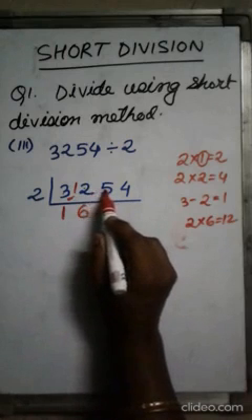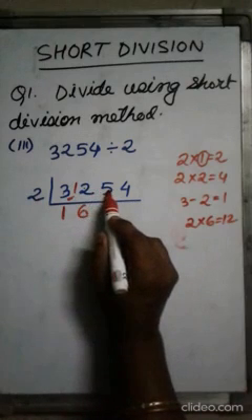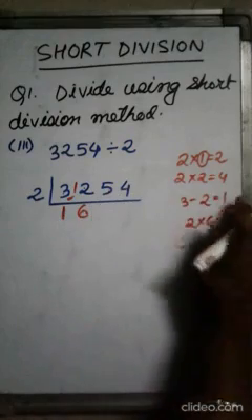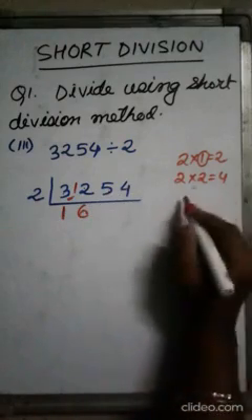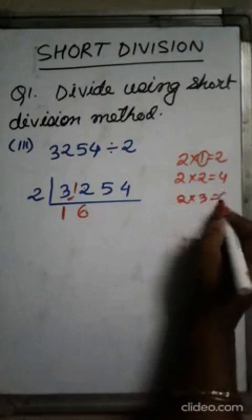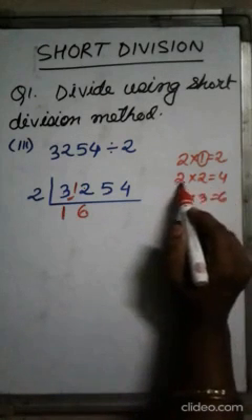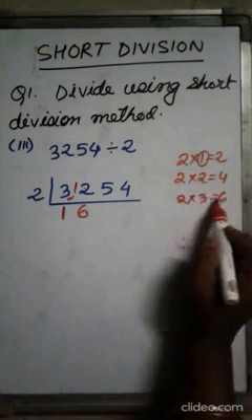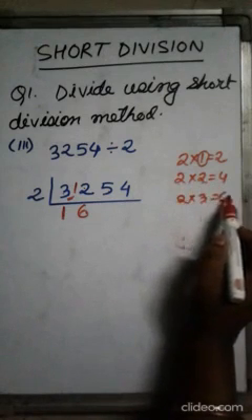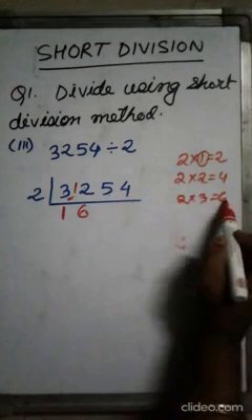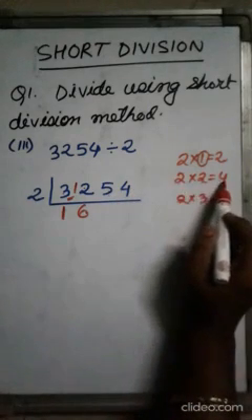We go for the next number, that is 5. So you see 2 into 3 is 6, 2 into 2 is 4. 5 is less than 6, but 5 is greater than 4.